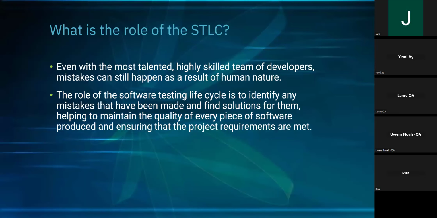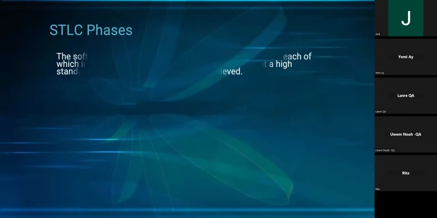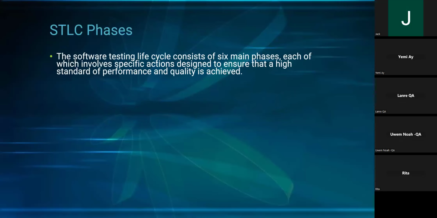The role of software testing lifecycle is to identify any mistakes that have been made and find solutions for them, helping to maintain the quality of every piece of software produced and ensuring that the project requirements are met. That's the most important thing. What are the phases?